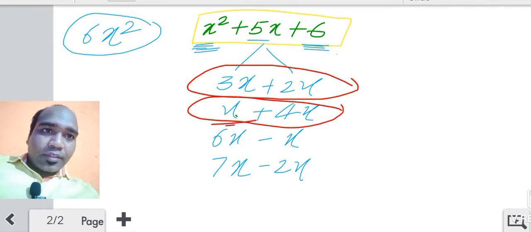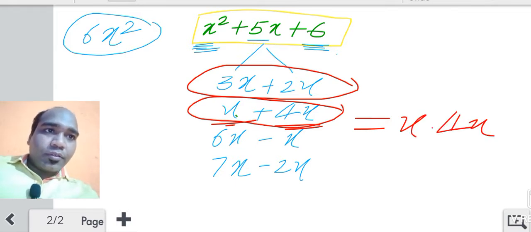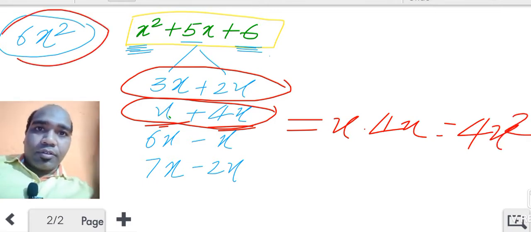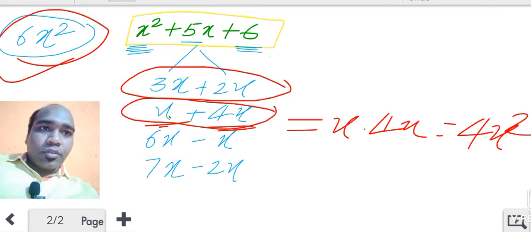We have to multiply. Now this x and this 4x, if we multiply, how much will we get? x into 4x will get 4x square. Are we getting 6x square? No. So we cannot use this one.